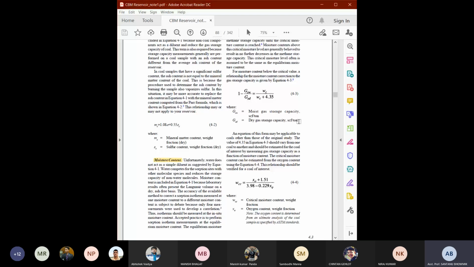Because if you dry the sample, some of the moisture, which is not the inherent moisture, will be evaporated, and then those pore spaces will be opened and available to the gas particles, so they can fill these pore spaces. So obviously the gas storage capacity will increase. Okay, so this is the main concept for the moisture.